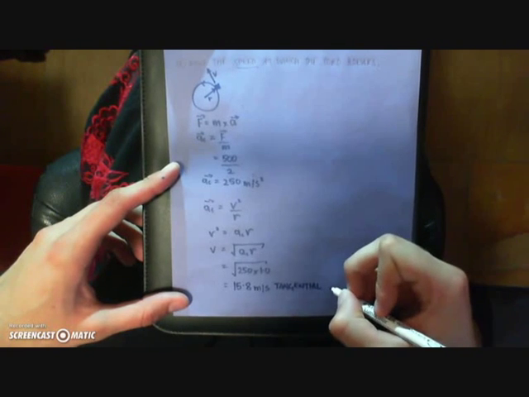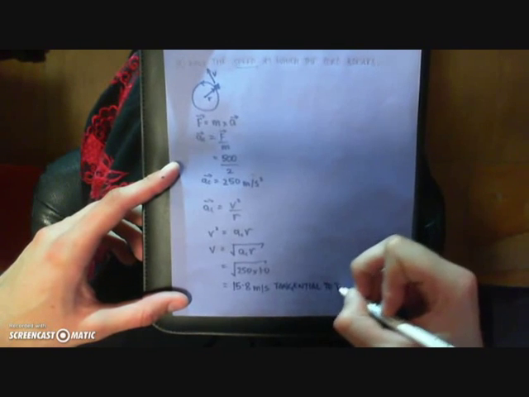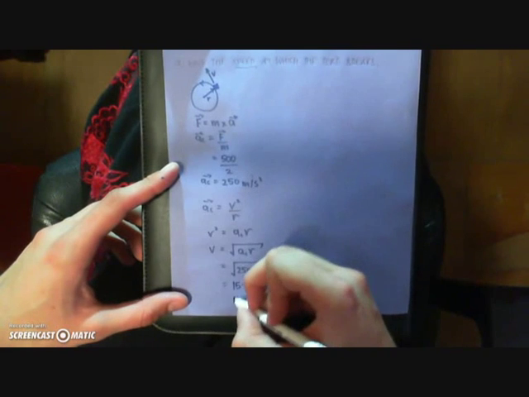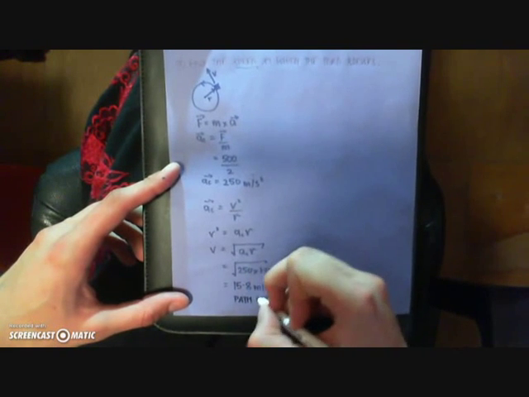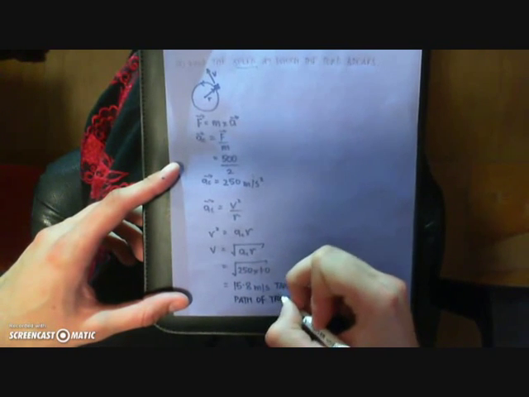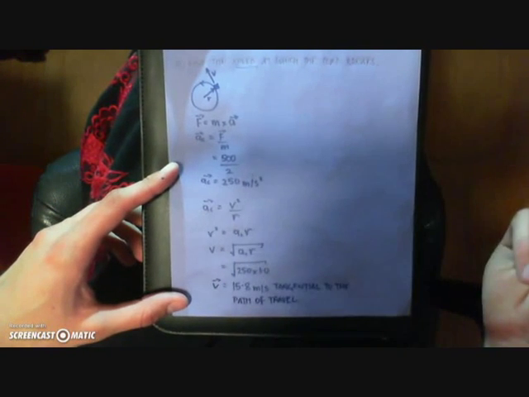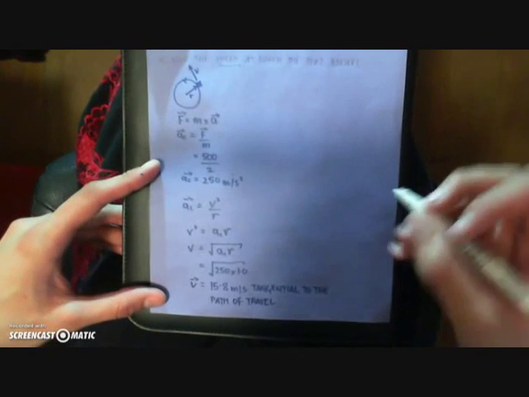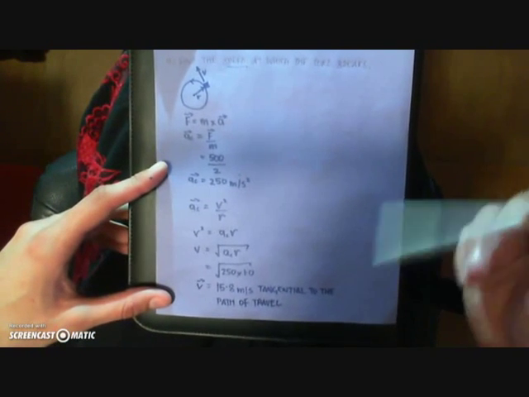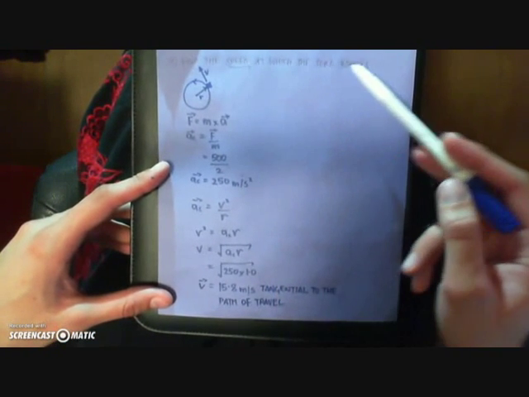Tangential to the path of travel, as this is a vector quantity. So what this tells us, find the speed at which the cord breaks.